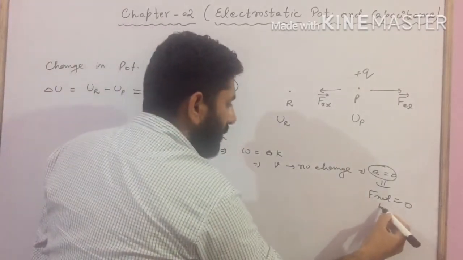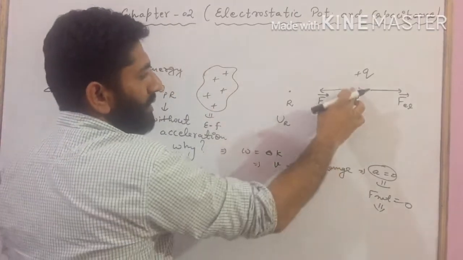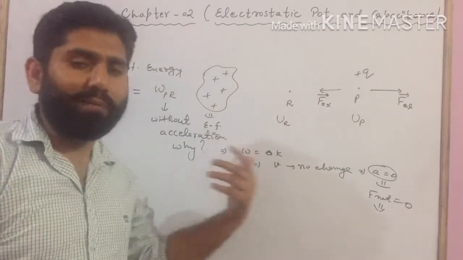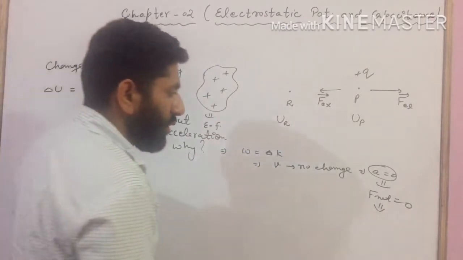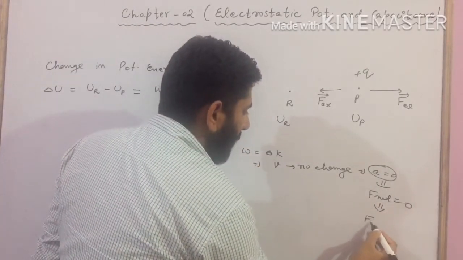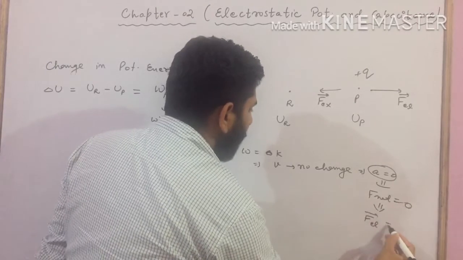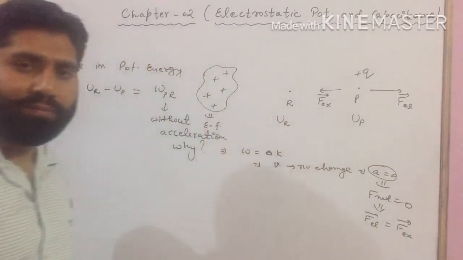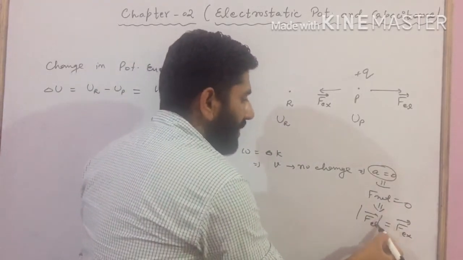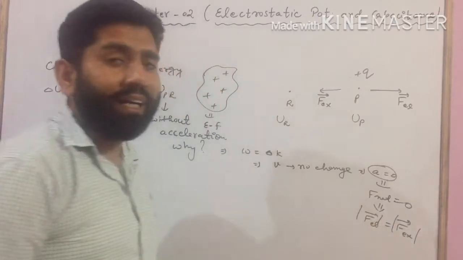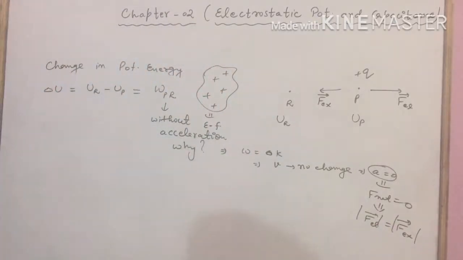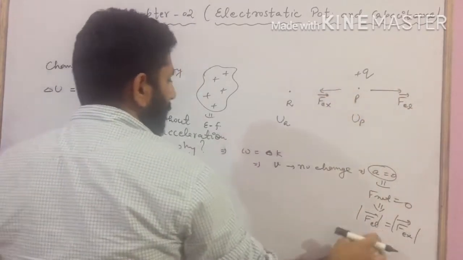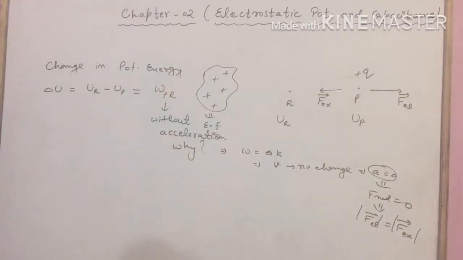And net force 0 means there are two forces acting on this charge: one is the electrostatic force and one is the external force which we are applying to move the charge. So if net force is 0, this condition should be satisfied: the electrostatic force has to be equal to the external force in magnitude. Their directions are opposite, but their magnitudes must be equal to each other. That is why I wrote that electrostatic force and external force must be equal to each other.